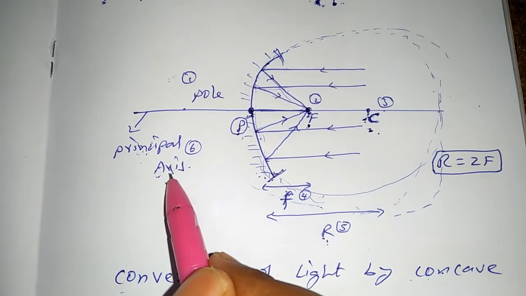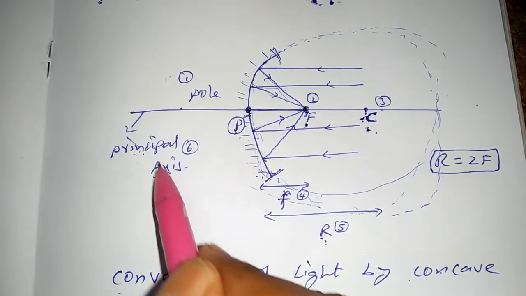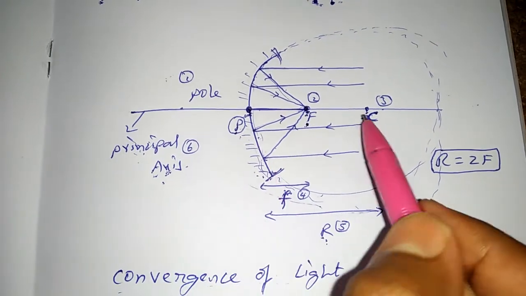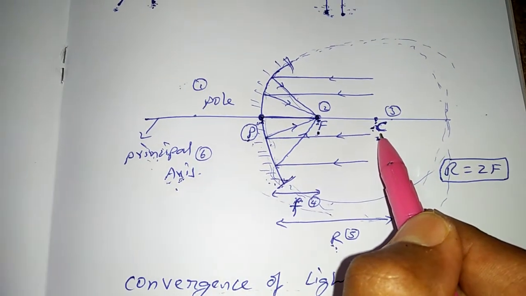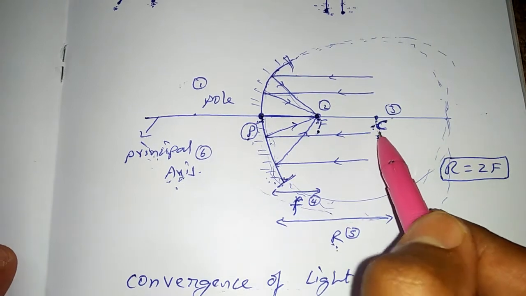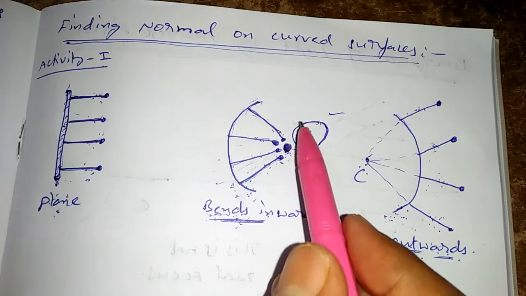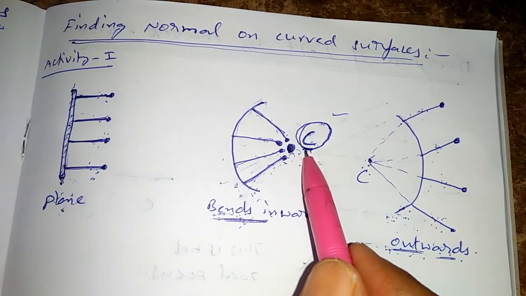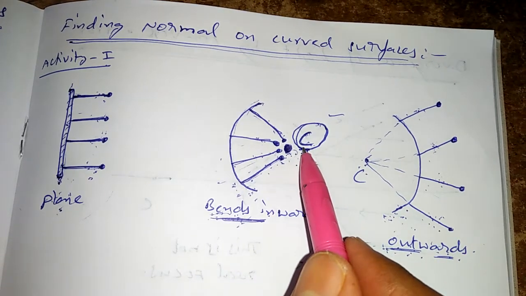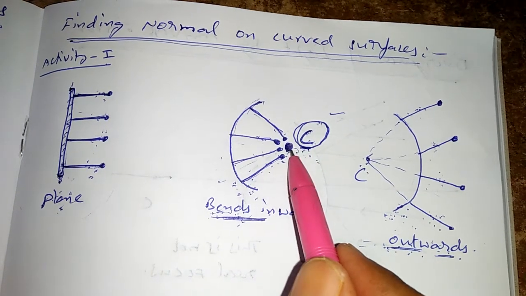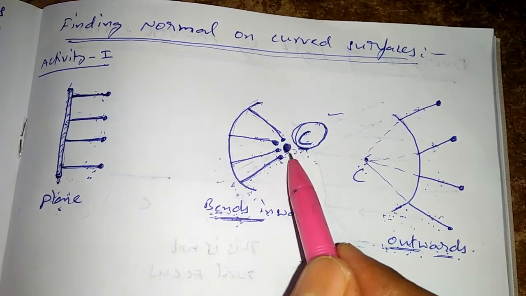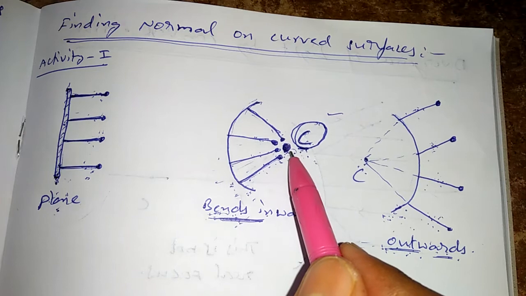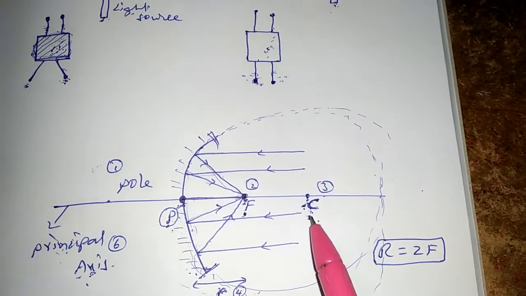Now, what is meant by principal axis? Before discussing the principal axis, we have to discuss the center of curvature, C. Already we discussed the center of curvature here. Center of curvature means the point at which all the normals tend to meet. We can discuss the center of curvature in a different manner also.